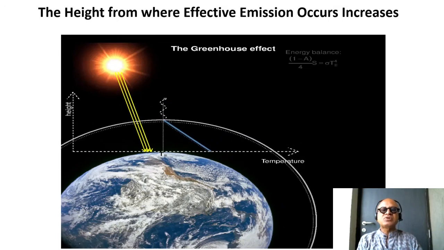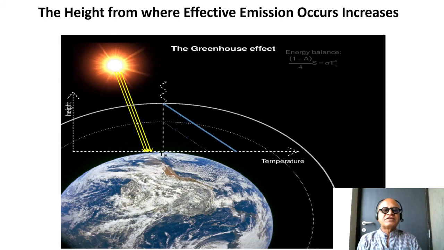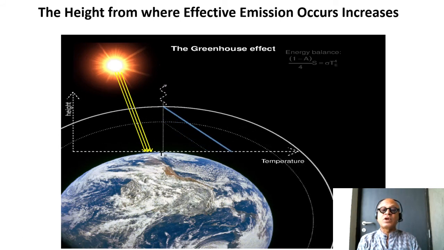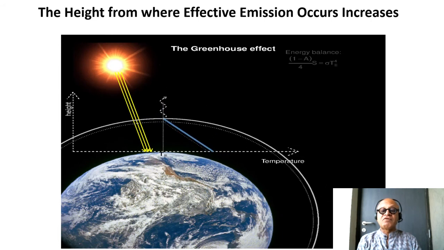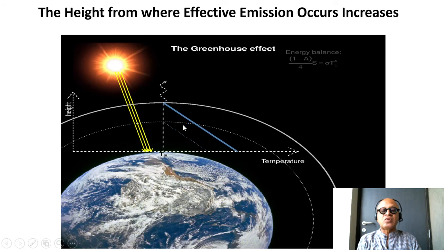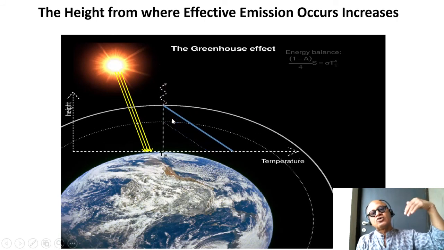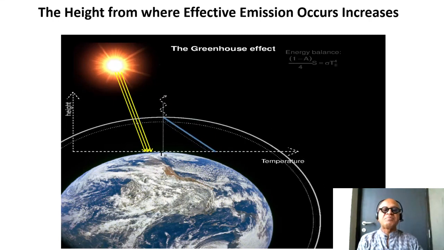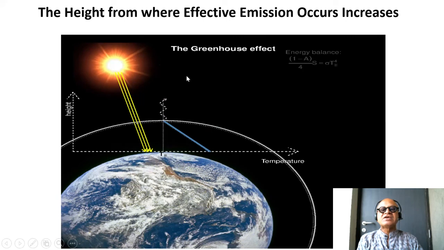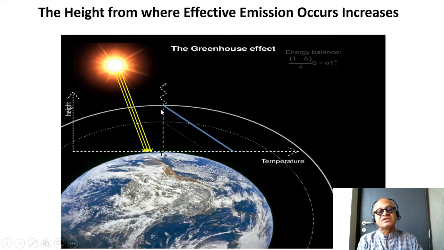So just to touch on the outgoing long wave, you can see that this is hardly a solved problem in terms of exactly where the outgoing long wave actually occurs. If you remember our temperature profile in the troposphere, there are multiple layers from which outgoing long wave is escaping Earth's atmosphere. So there is a short wave coming, and then the question is, with increasing greenhouse gases, what happens?